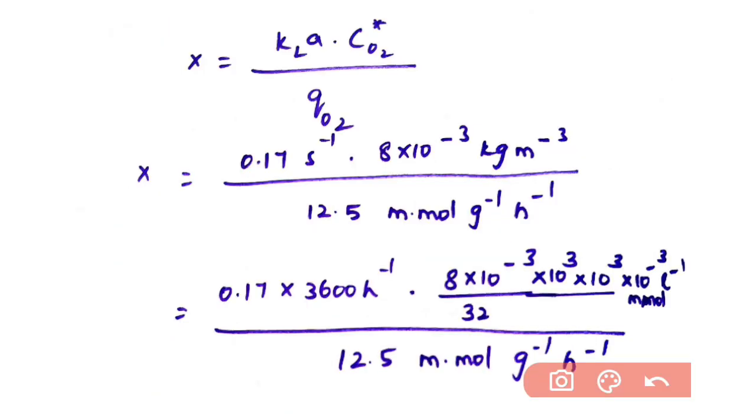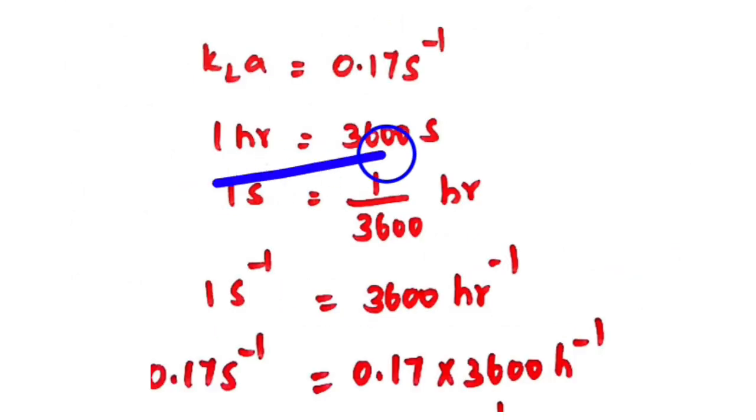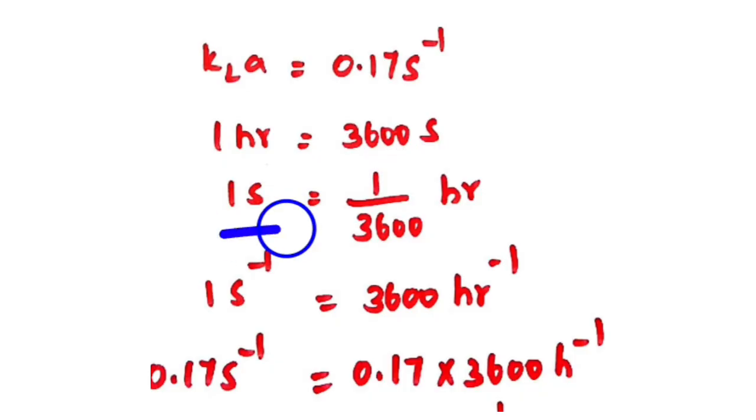So X is equal to KLa × CO2* divided by QO2. KLa is 0.17 s⁻¹, CO2* is 8 × 10⁻³ kg per m³, and QO2 is 12.5 millimole g⁻¹ h⁻¹. First, change 0.17 s⁻¹ into h⁻¹. One hour is equal to 3600 seconds, so 1 second is equal to 1/3600 hour.